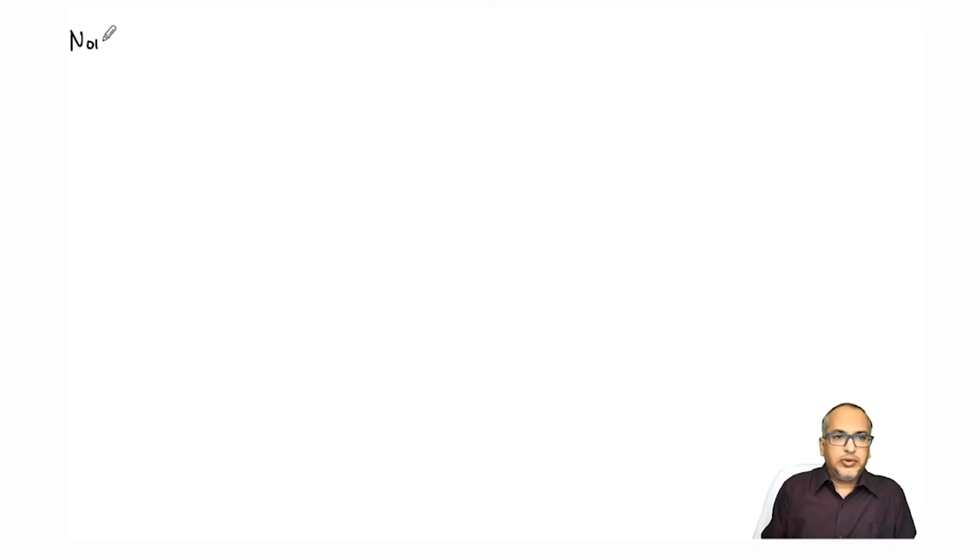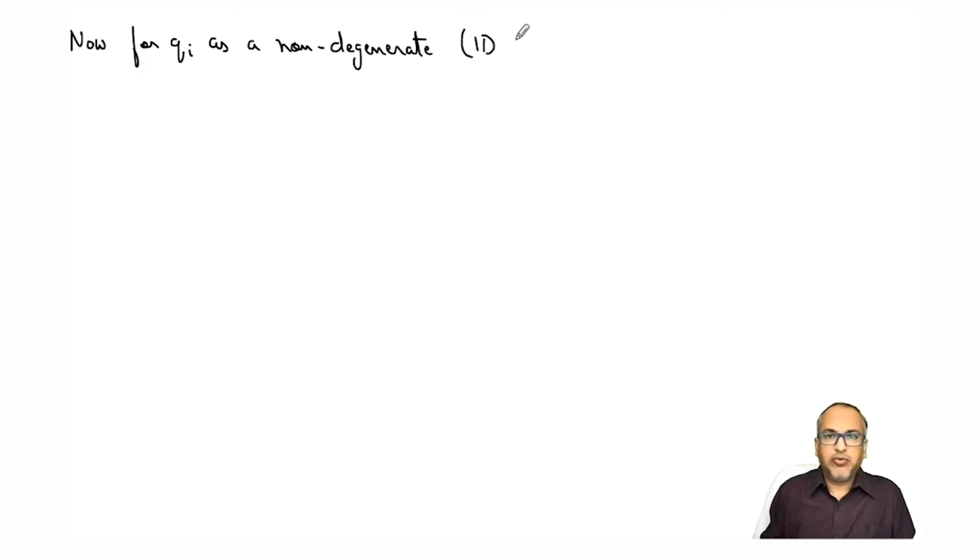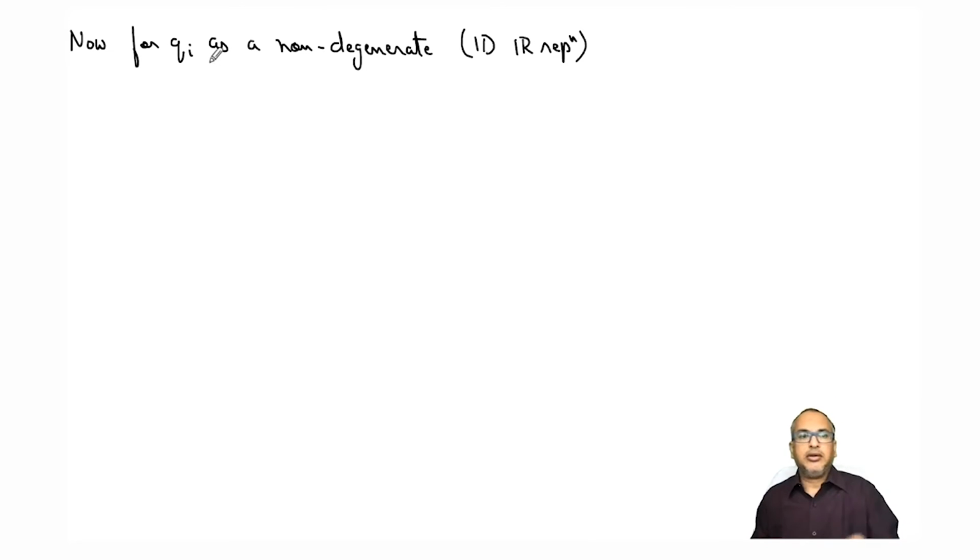So now for qi as a non-degenerate, or we can say one-dimensional IR representation. See, the IR representation for qi will be same as the IR representation for the corresponding normal mode, right?